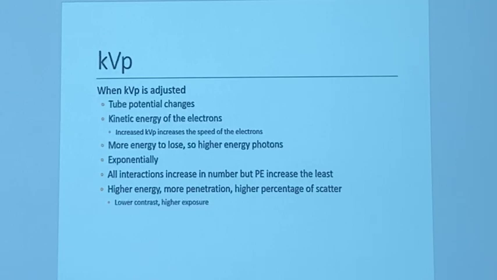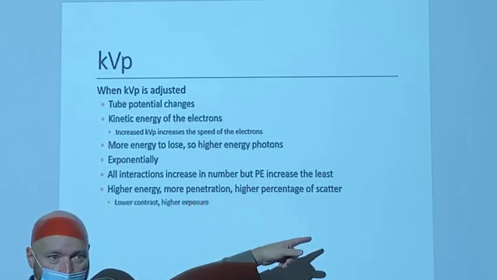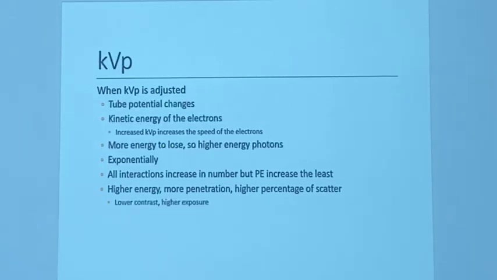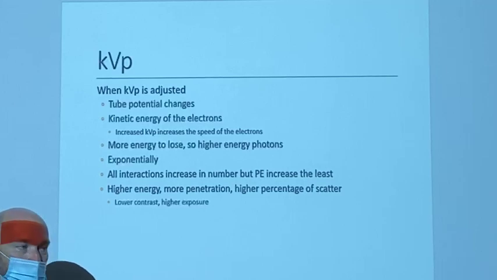Then you get that walkthrough on how, theoretically, increasing kVp decreases contrast because of the scatter radiation, right? But at the same time, even if we removed all those scattered photons, we're still going to lose contrast because with a higher kVp, we're going to penetrate through a lot more tissues.